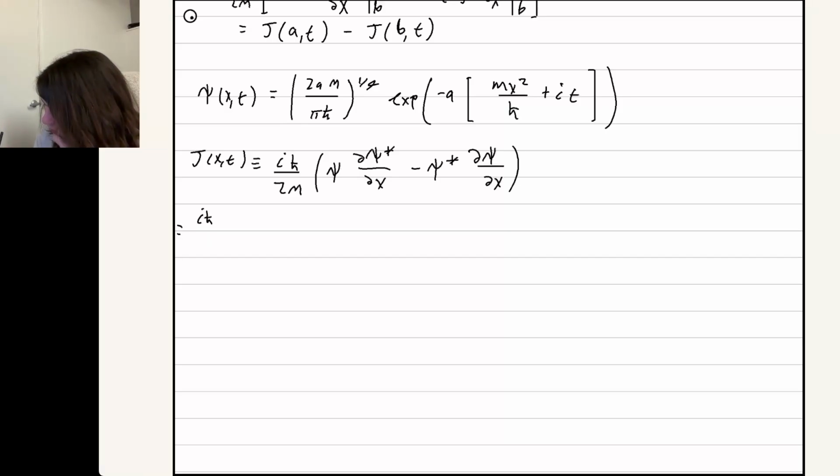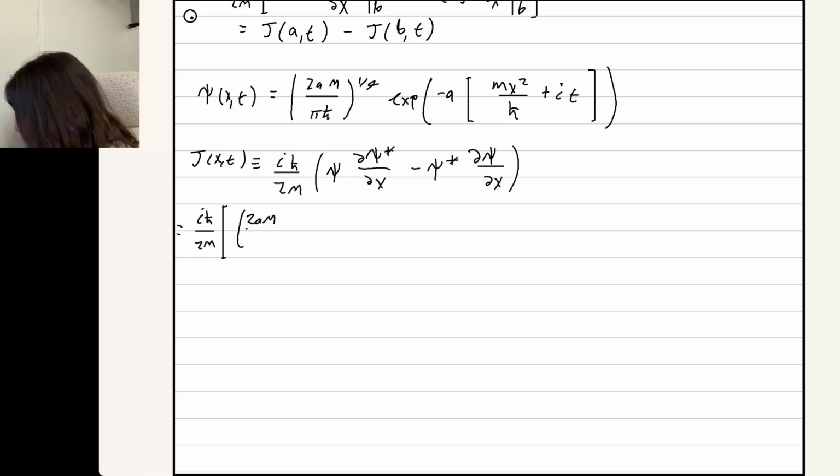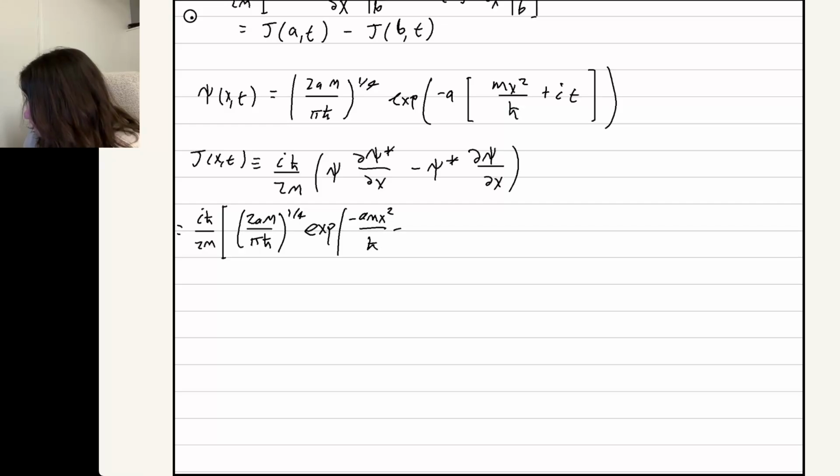It's going to be iħ/2m, open bracket, we're going to have the normalization (2am/πħ)^(1/4), exp of minus amx squared over ħ minus iat.